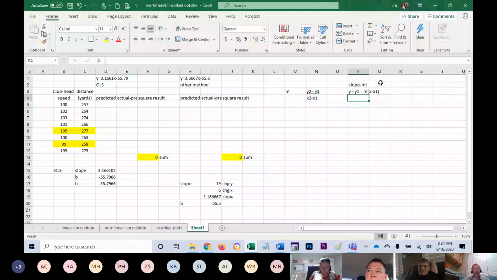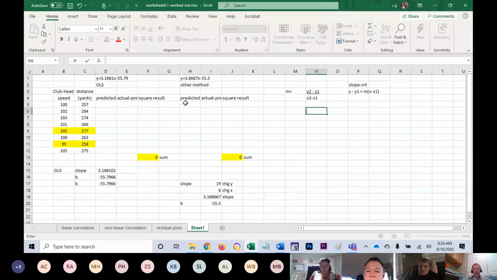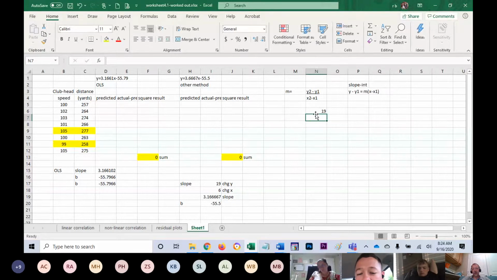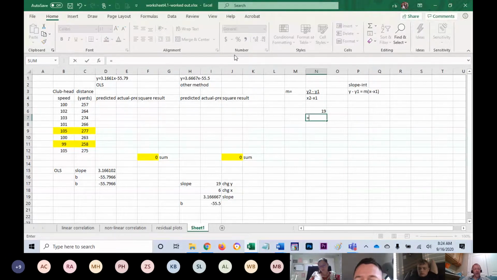Okay, all right. So if we find the slope, if I take y2, let's take 277 minus 258. That's my numerator. And then if I take 99 minus, oh, I started with 277, didn't I? Yeah, I did. 105 minus 99.